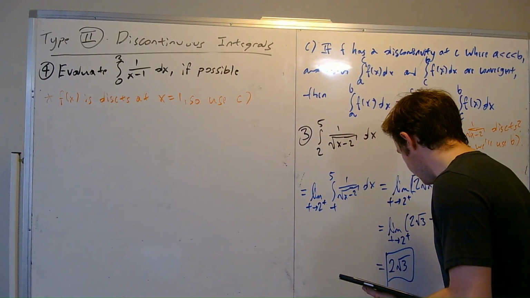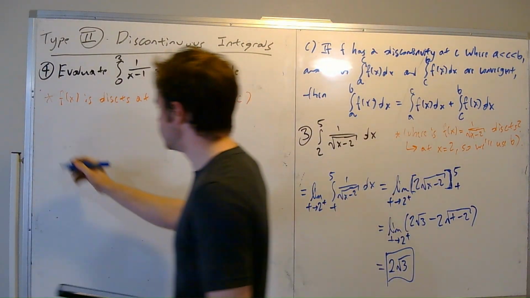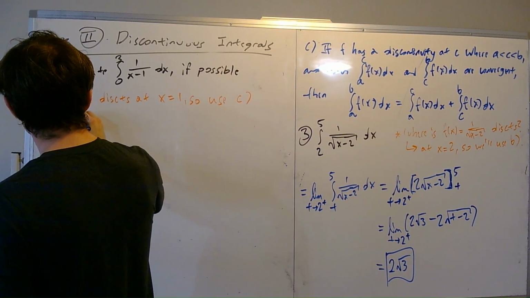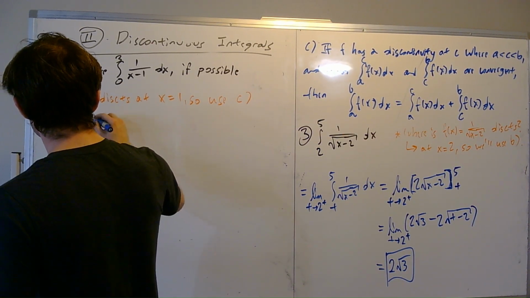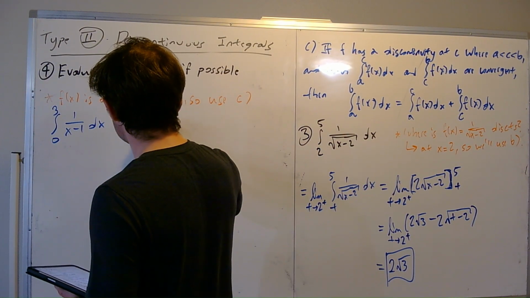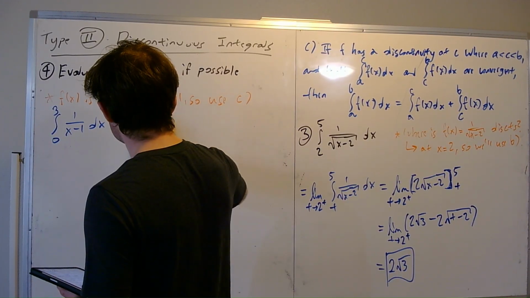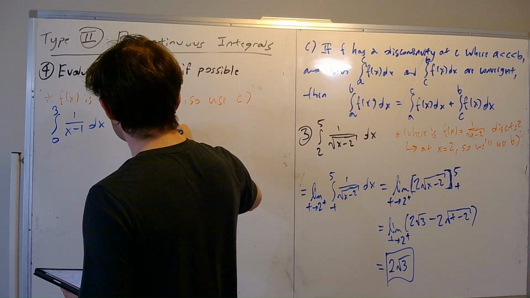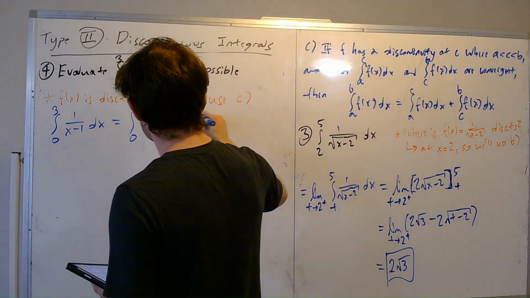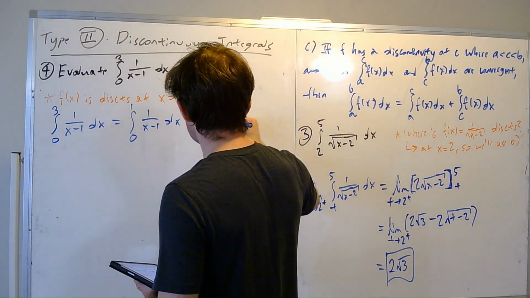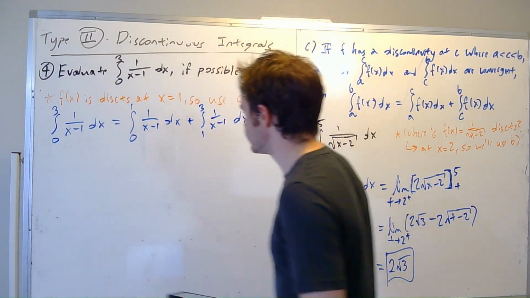So let's write down our original integral. And we said we're going to break that into two parts. The integral from 0 to 1 of 1 over x minus 1 dx plus the integral from 1 to 3 of 1 over x minus 1 dx.